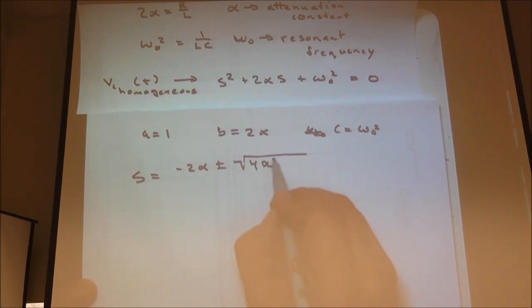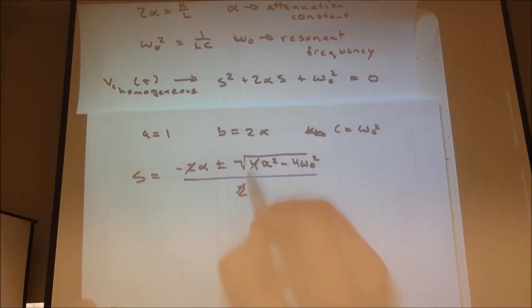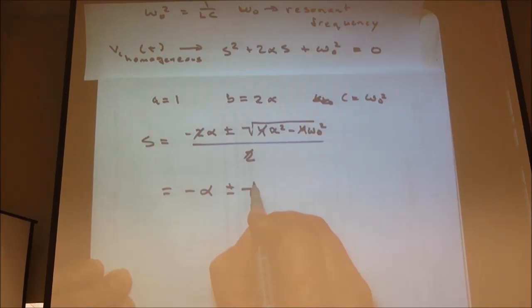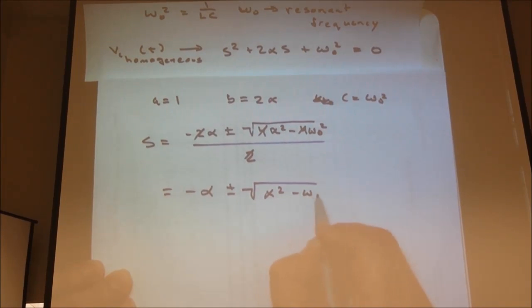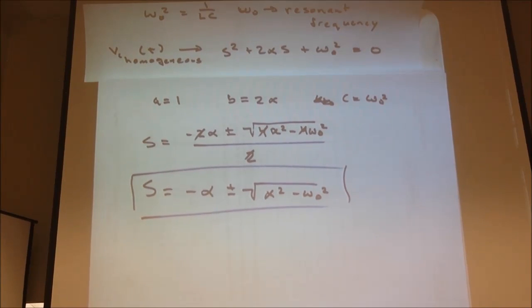So it's alpha squared minus omega naught squared. I don't like the quadratic equation. So there's our expression. We can do a little bit of simplification there. You can cancel out some 2s, and bang, we're left with where I wanted to be all along. And there's a boxable expression. If we get the differential form, our S terms are found here.